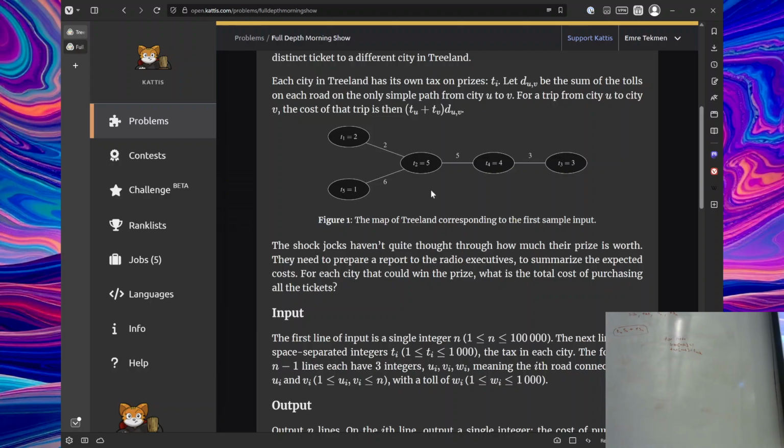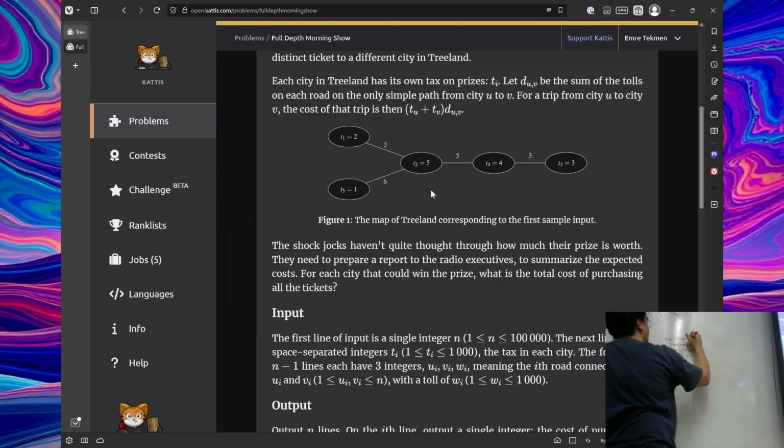And then we're also going to keep track of S U, and that's going to be plus equals the tax value. Oh wait, plus equals the current. So I forgot about that.